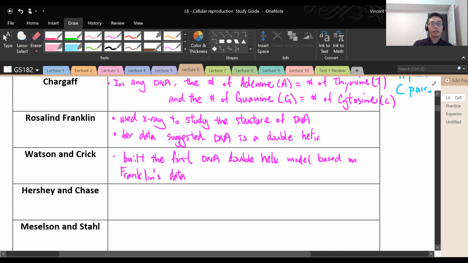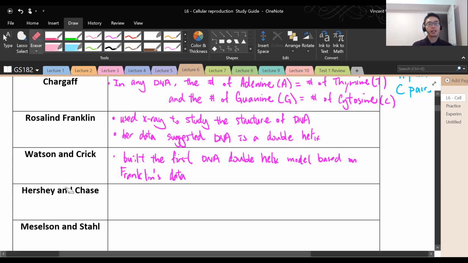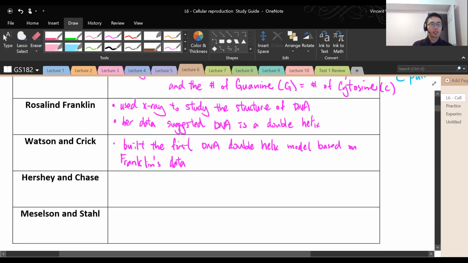They actually have a scaled model. If you Google Watson and Crick, there is a very famous picture that is in almost every textbook that shows them examining the 3D DNA double helix model that they built. They then went on to win the Nobel Prize for that. But again, the data was based on what Rosalind Franklin had discovered.